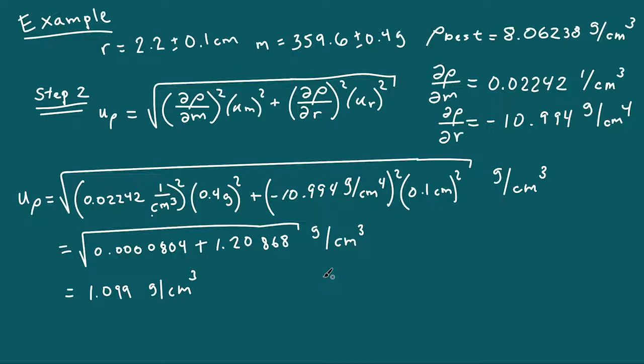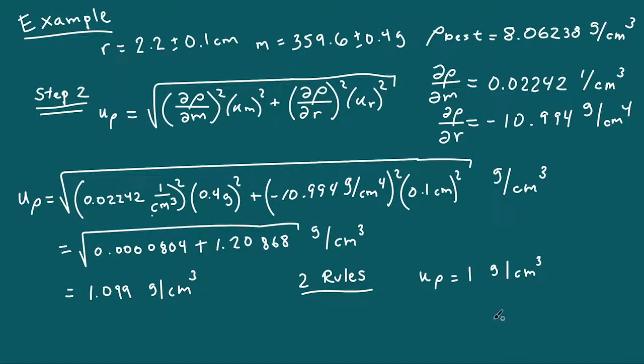Now we have our two rules for uncertainty. The first rule of uncertainty says that there can be only one sig fig. So what that means is the uncertainty for us is actually 1.